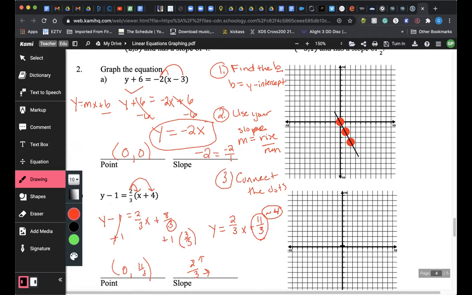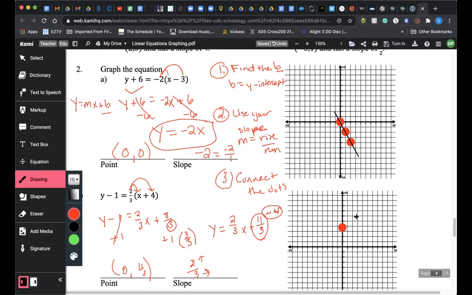So I'm going to go up to almost 4. 1, 2, 3, 4. So 4 is here. I'm going to go just a little bit below 4 to make my point. And I'm going to go up by 2 and over by 3. 1, 2, 3.